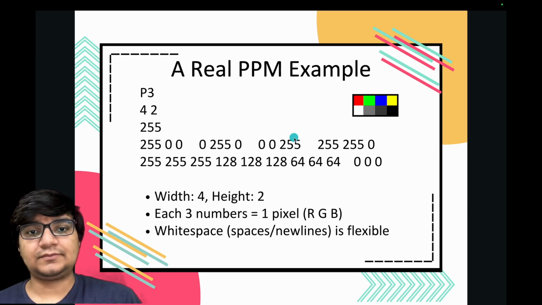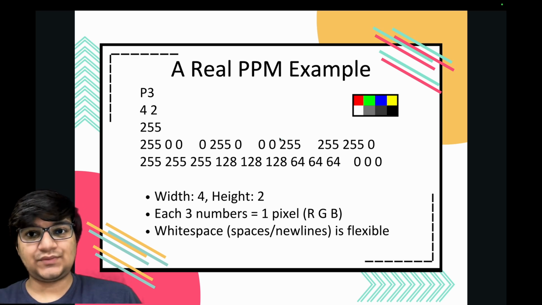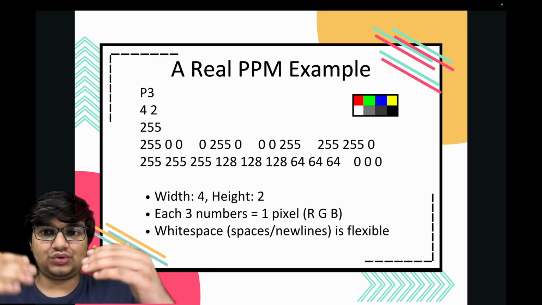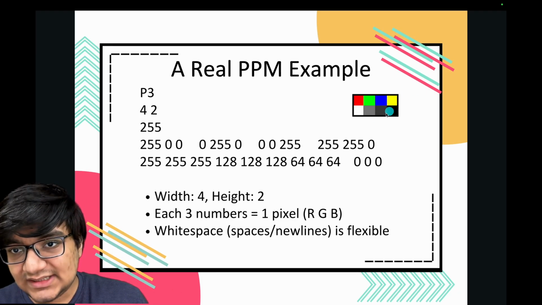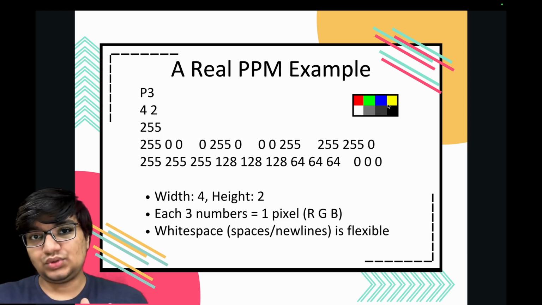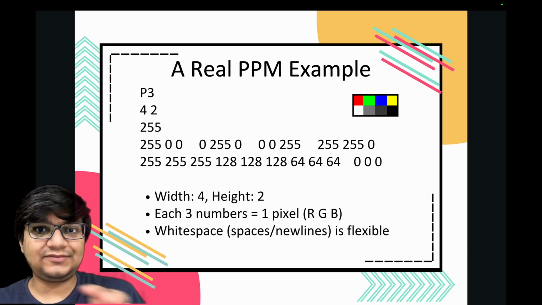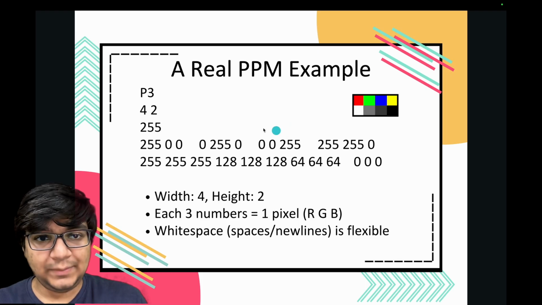On this slide, what are the contents of the image file? Obviously there are two types of contents. One is what you see on the screen, like I am able to see this image right here. But what is the computer able to see, or what is inside the file itself? That is this which is written here: P3, 4 2, 255, and all of this.